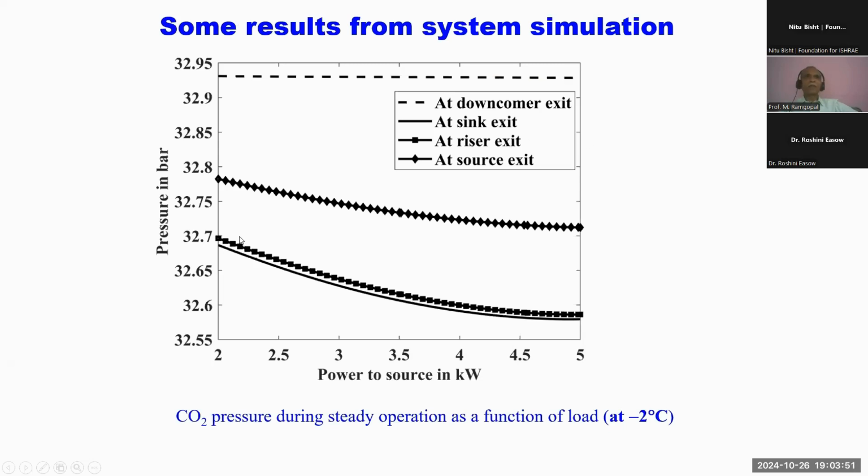Okay, so you can see from this, whatever may be the power input, the pressure variation is very small, about 0.4 bar. So that means the circulation takes place with very small pressure difference. This is one big advantage. If the pressure difference is very small, you don't require a very large height. That means you don't really require a big head. Okay, so that is one advantage of carbon dioxide.